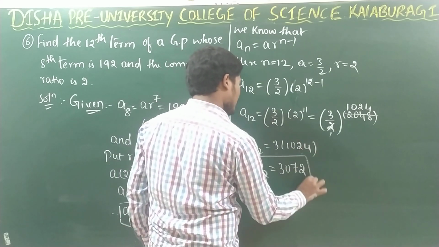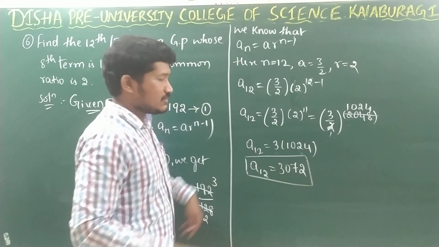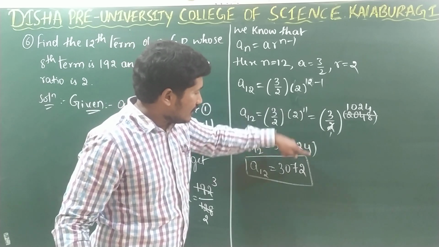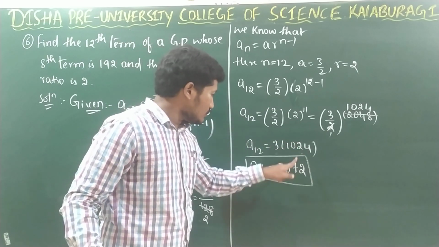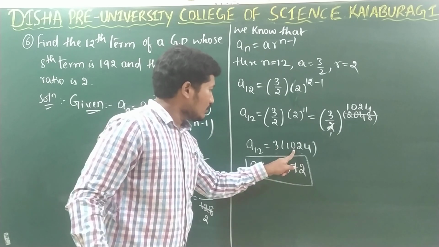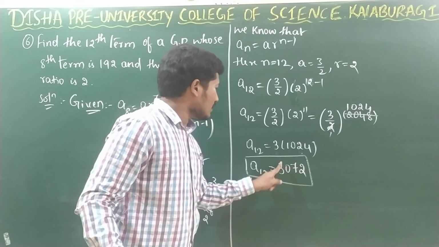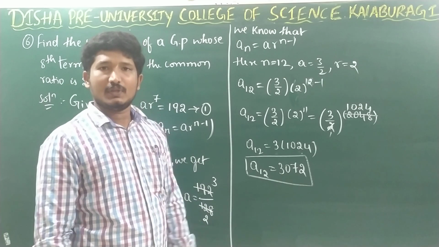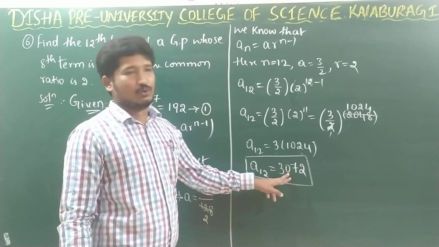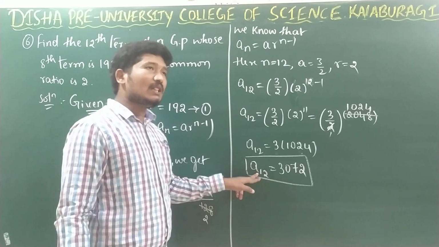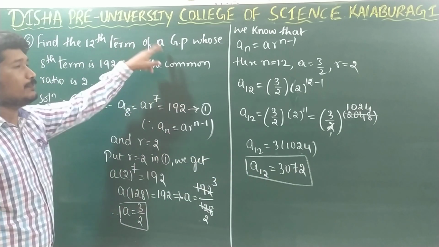You can multiply and check that. See, 3 4s is 12, 1 carried, 3 2s is 6, plus 1 will be 7, 3 zeros is 0, 3 1s are 3. Right? So again your answer is 3072. So this is the 12th term of the GP.